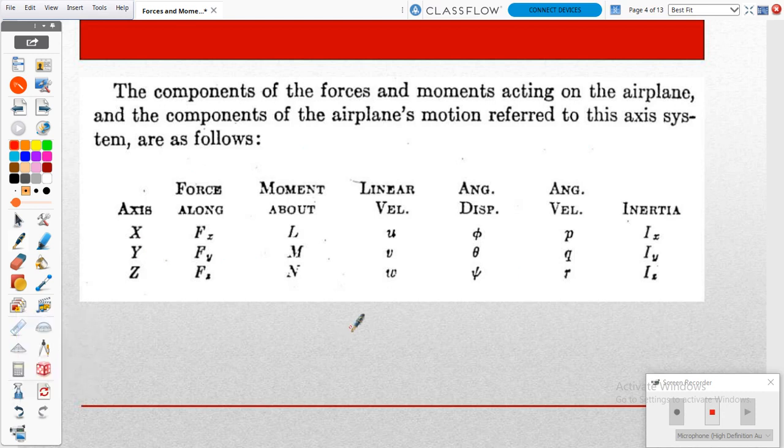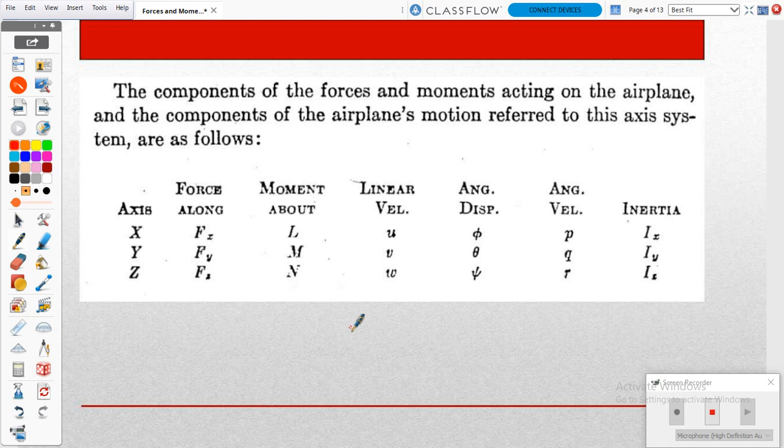First step, you need to draw an aircraft, locate the center of gravity, and locate three axes: x towards the nose of the aircraft, y towards the right hand side of the wing, and z towards the downward direction from the center of gravity. Next, notate angular velocity and linear velocity, p, q, r and u, v, w. After that, list out a table. First column is axis, second is force along the axis, third is moment about the axis, fourth is linear velocity, fifth is angular displacement, sixth is angular velocity, and last is inertia force.